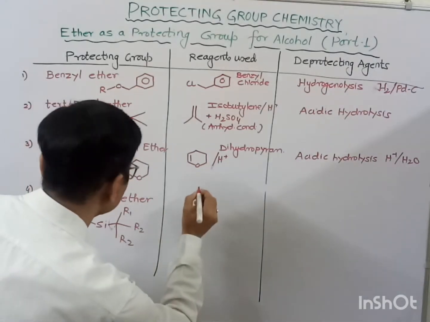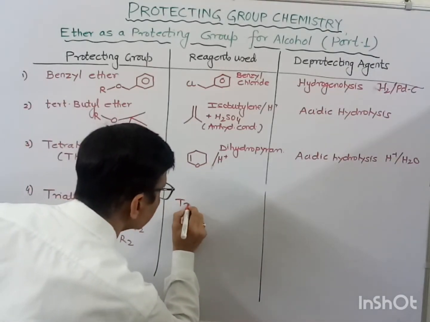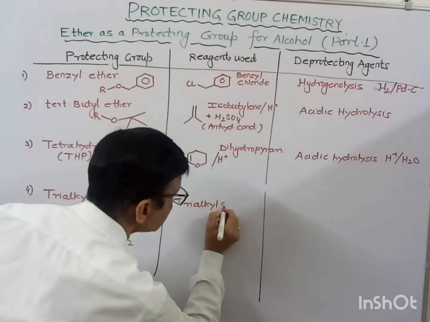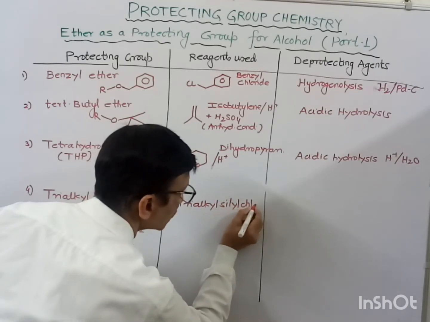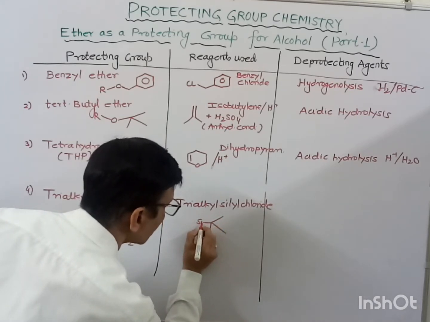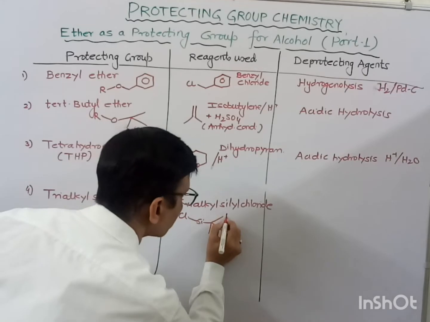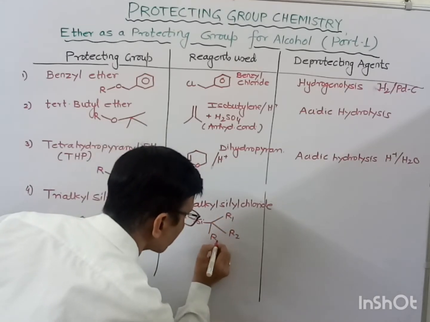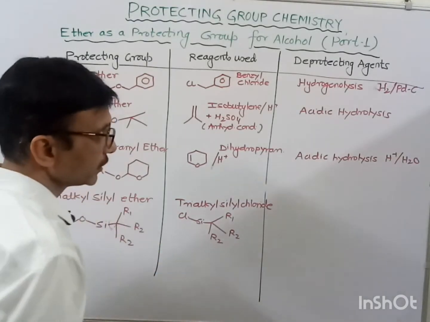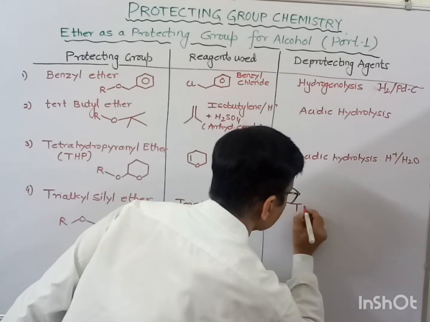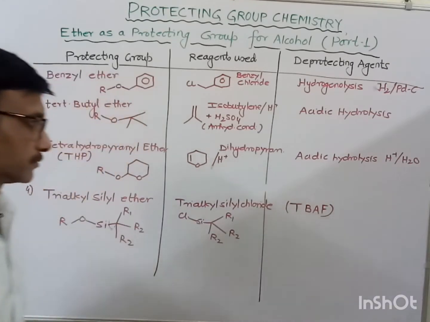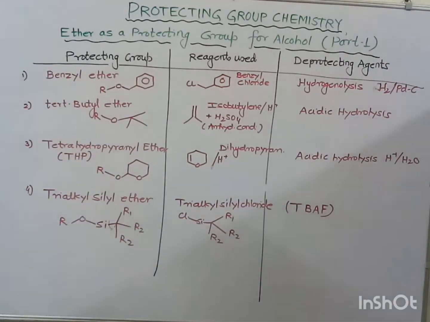For this, we can use a trialkyl silyl chloride as a reagent. For deprotection, we use a particular deprotecting agent, and it is named TBAF.